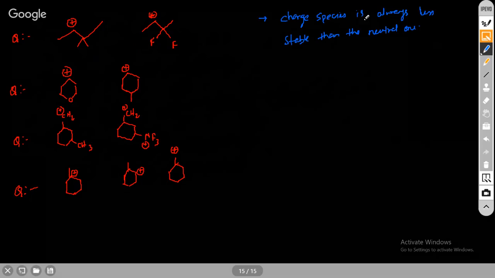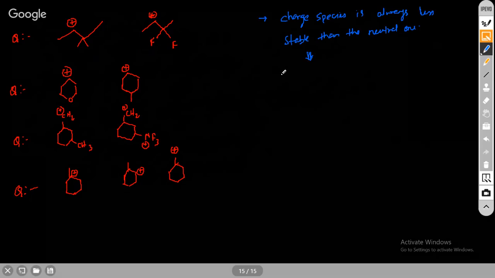So if you are able to neutralize the charge, then you are gaining stability. If these groups are neutralizing the charged species, that is only possible when they release electrons, right?